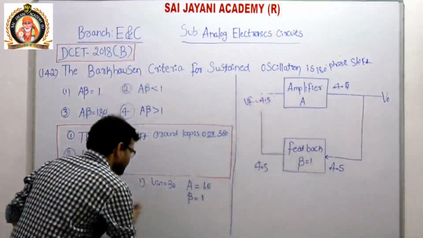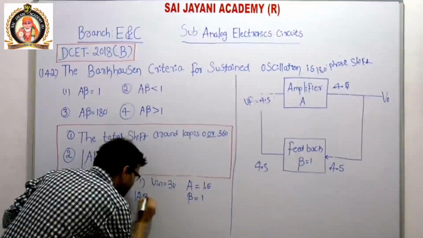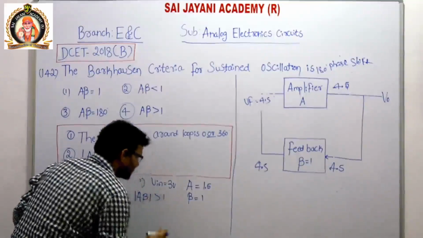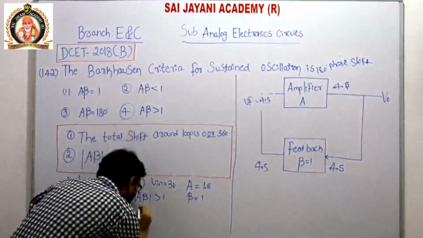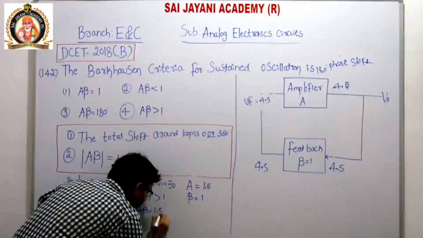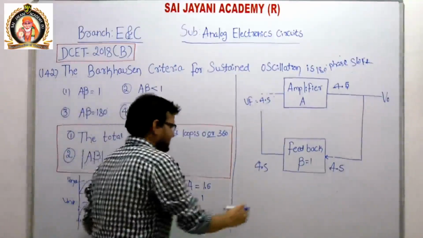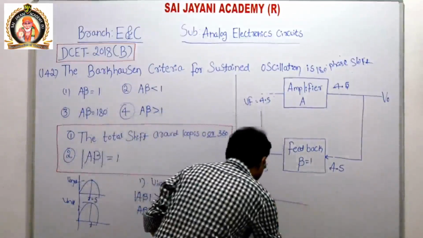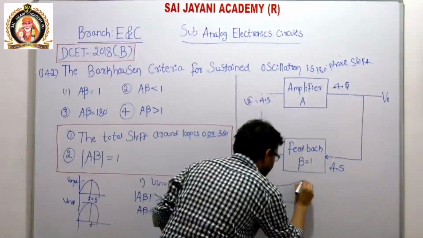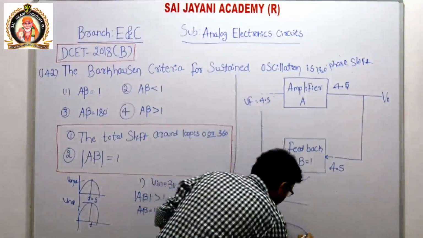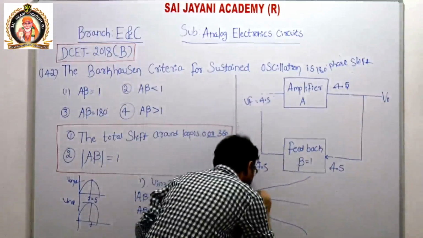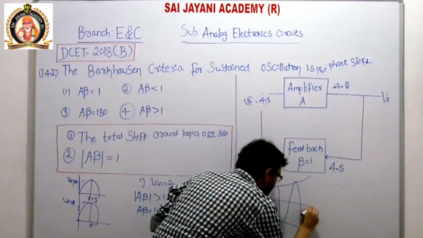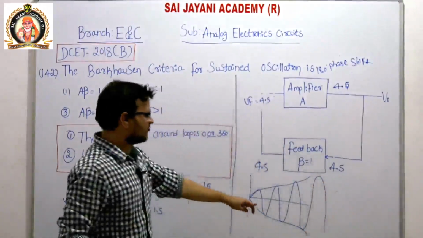That is, when A beta is greater than 1, here A beta is 1.5, so in this type of signal you get a growing type of oscillation.